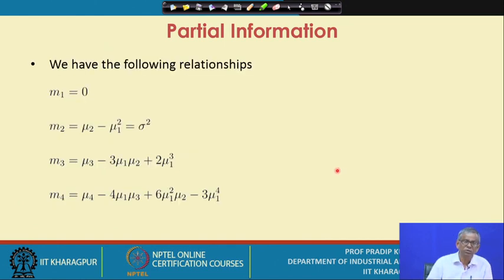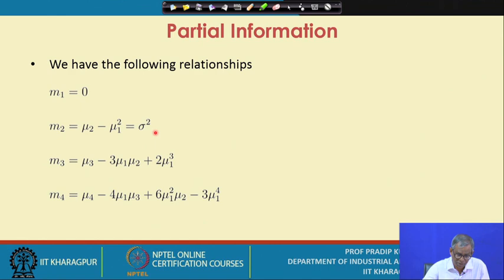Now with this partial information, we have the following relationships. First, m1 equals 0. You can compute why m1 is equal to 0. m2 is equal to mu2 minus mu1 squared, that is sigma square.